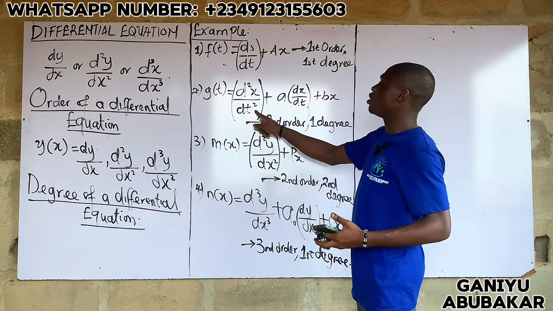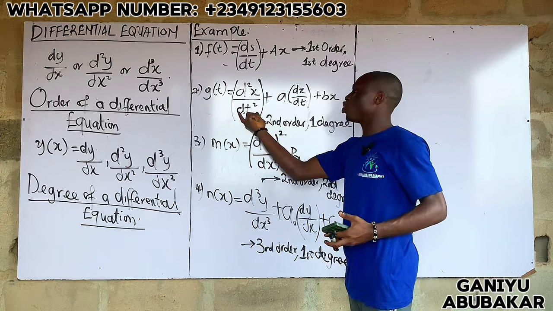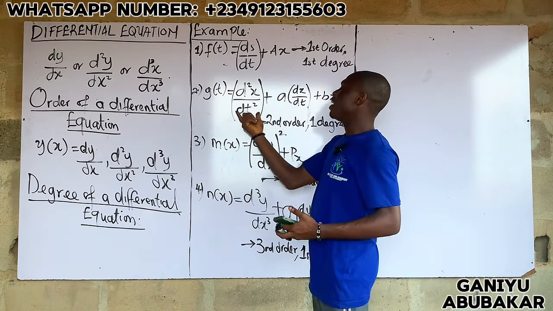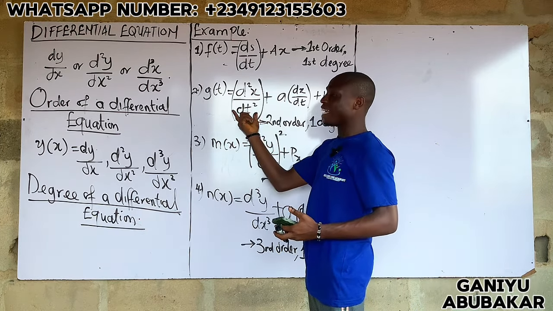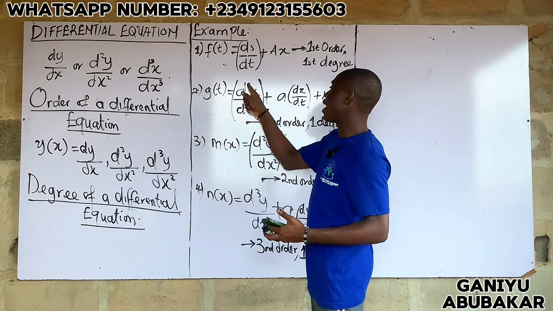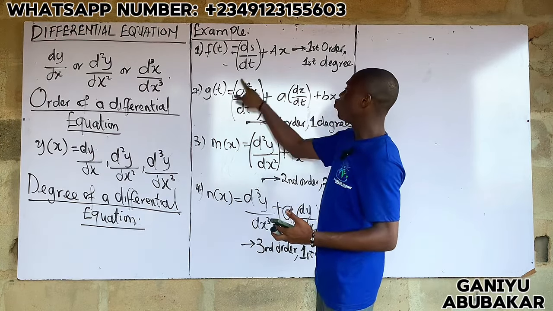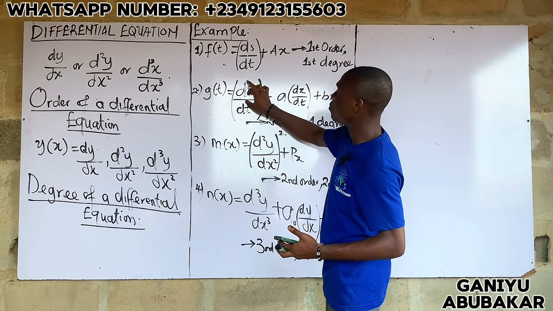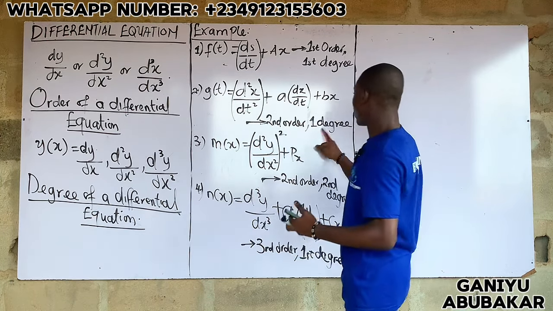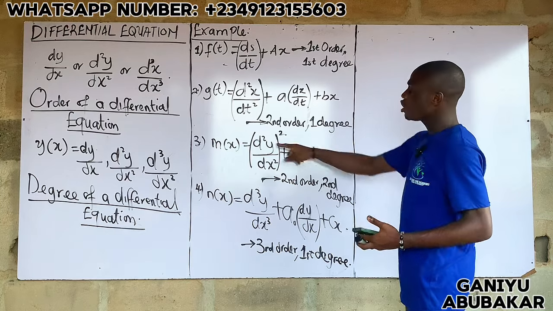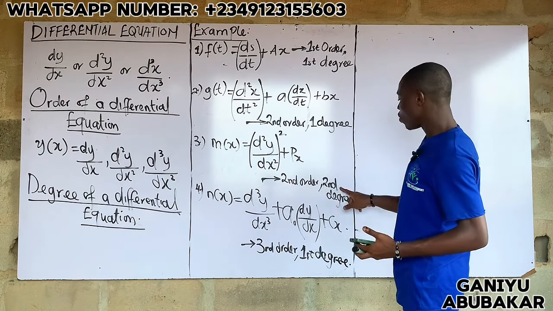Looking at this one, this is a differential coefficient that has its highest power as 2. So that becomes second order. The degree to which the differential coefficient is being raised is 1. So I have first degree. This one, the degree is 2, second degree.